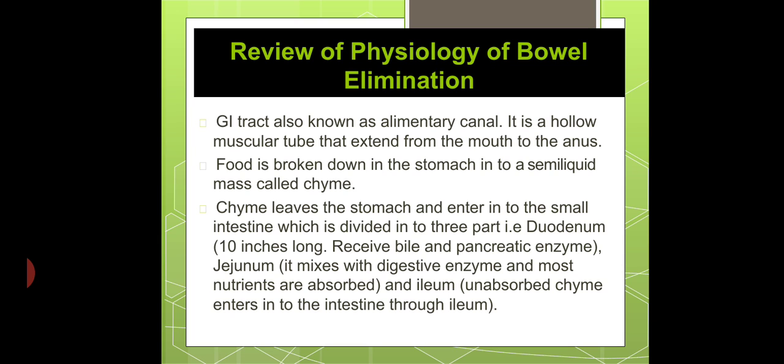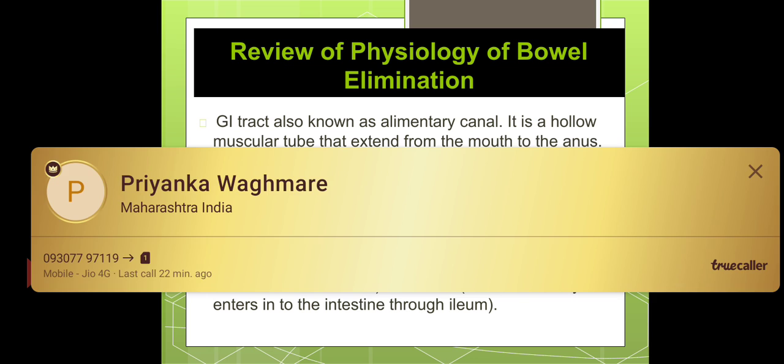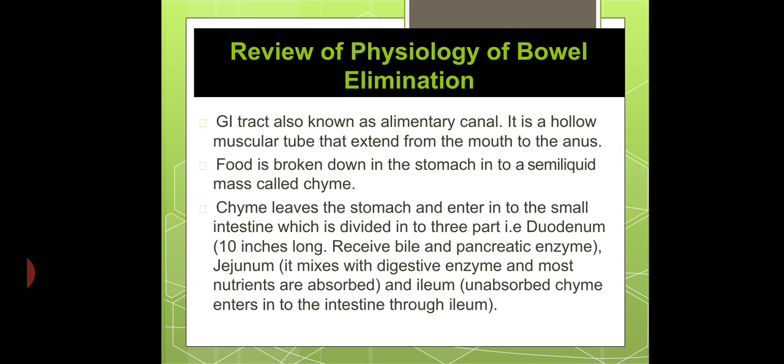As you have seen in 12th standard, our intestine has three parts. The first is the duodenum, which is 10 inches long and receives bile and pancreatic enzymes. Then the jejunum, where chyme mixes with digestive enzymes and most nutrients are absorbed.